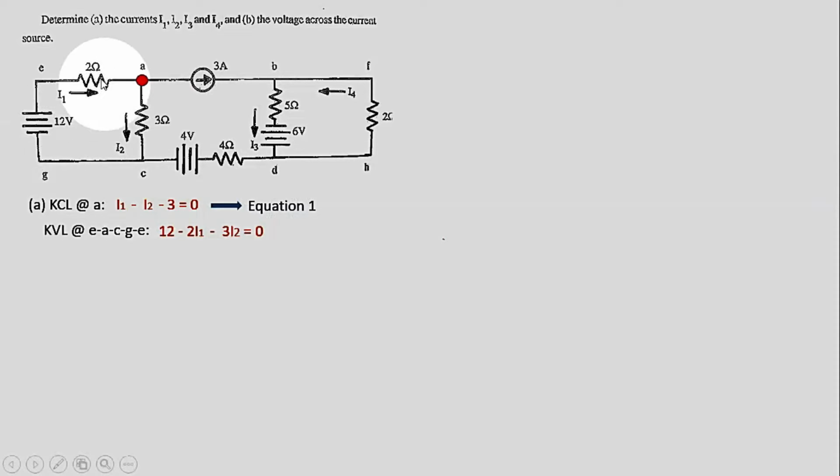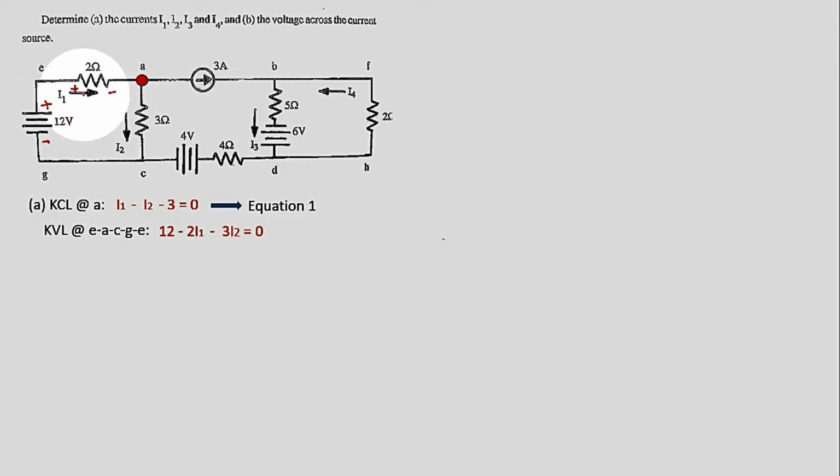If we are having a clockwise direction, this will be a voltage rise, because this one is negative and this one is positive. So that will be voltage rise, so plus 12. And as the current enters the positive end of the element, the polarity will be positive, and it goes out with the polarity of negative.